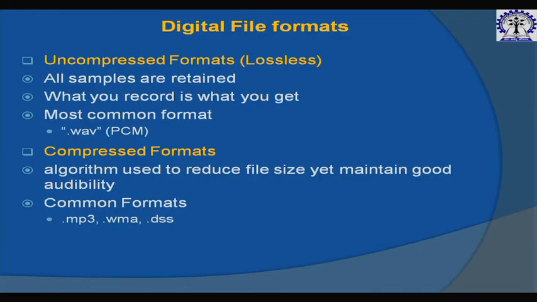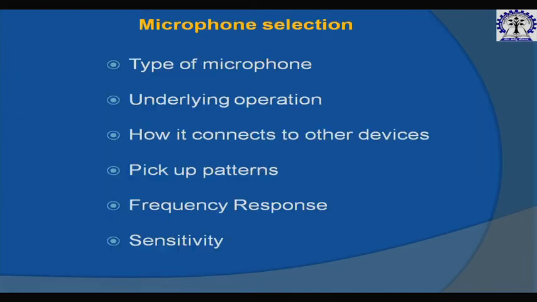So, I have covered digital formats, uncompressed and compressed, and then I can go to microphone selection. Suppose I ask you to record your name on your computer. How do you record it? You may use a headphone connected to the computer sound card and record the sound. Okay.